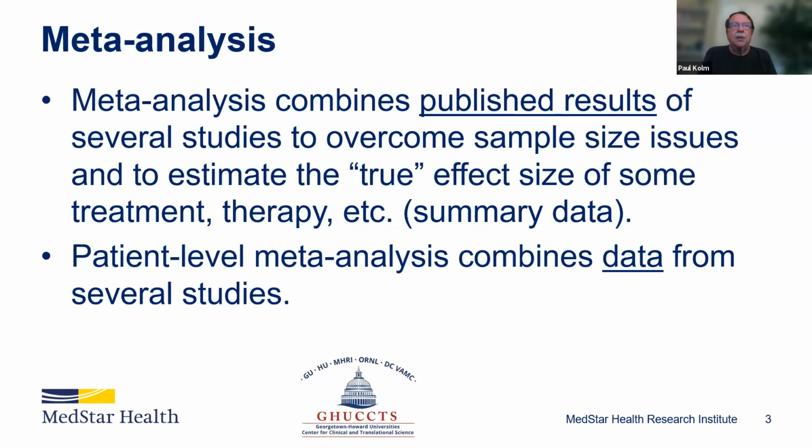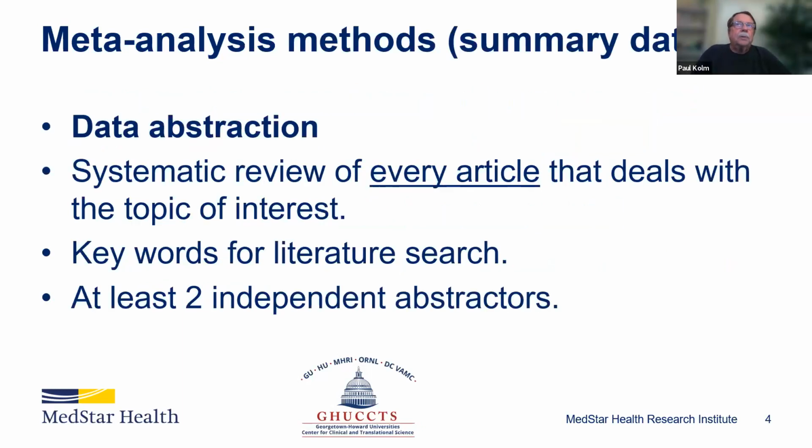That's not easy to do because there are often legal issues about getting data from other institutions. So the methods I'm going to talk about are related to summary data. If you have actual patient level data, then that's pretty much similar to traditional statistical analyses.